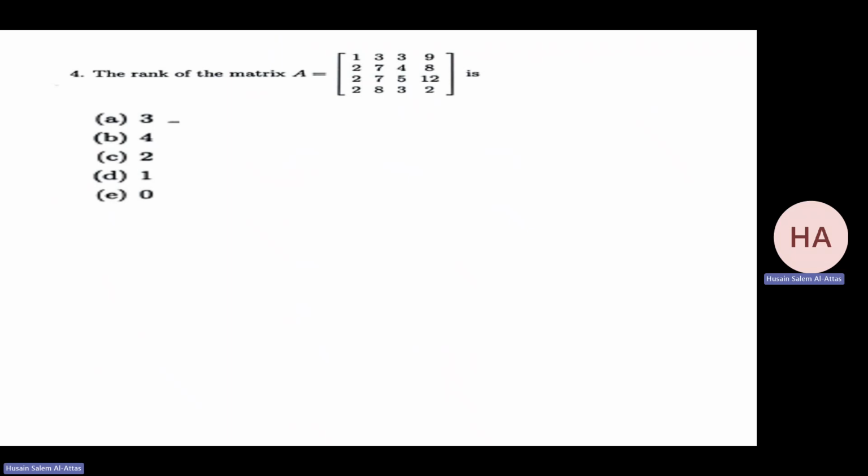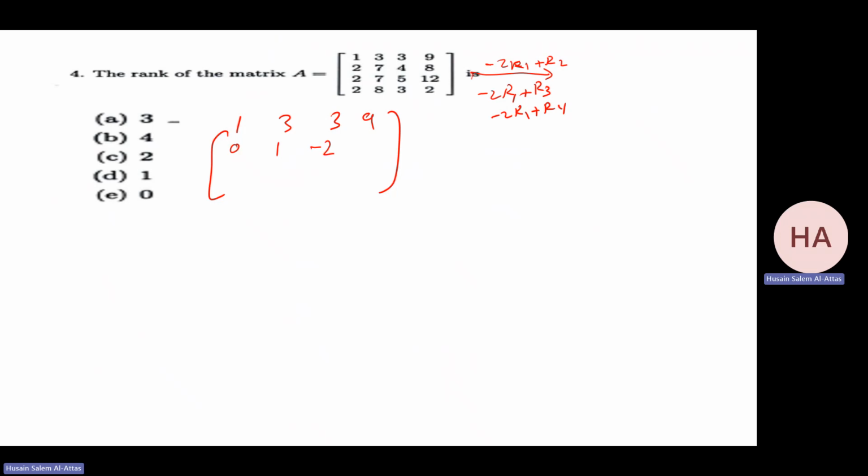The rank of this matrix: I need minus 2R1 plus R2, minus 2R1 plus R3, minus 2R1 plus R4. See what will happen. 1, 3, 3, 9. Minus 2 and add, that will be 0. Minus 2 and add, that will be 1. Minus 2 and add, that will be minus 2.